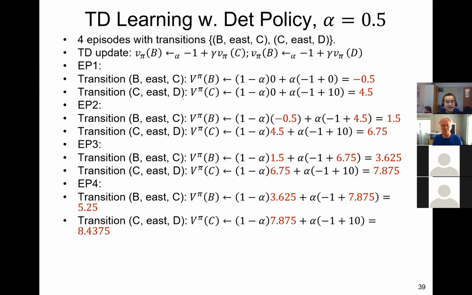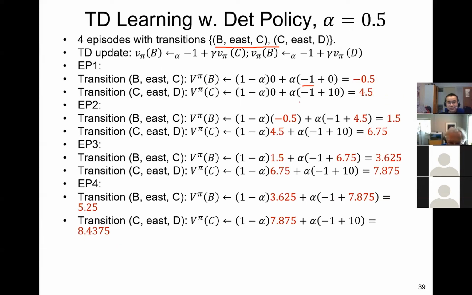So if we look at TD learning, say with the deterministic policy, we saw, say, 4 episodes of BCD. Then based on the TD update, we first get the transition from B to C. We get a reward of -1, and the VC is 0.